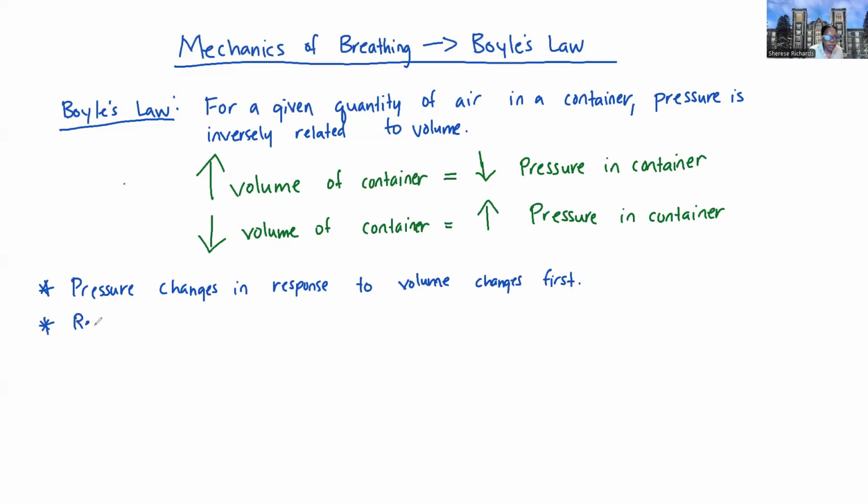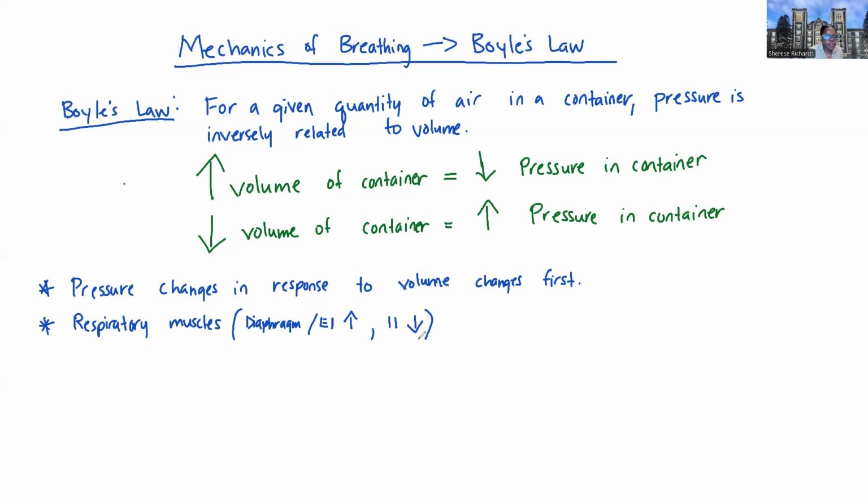Our respiratory muscles, the diaphragm and the external intercostals, help to increase the size, while the internal intercostals help to decrease it.